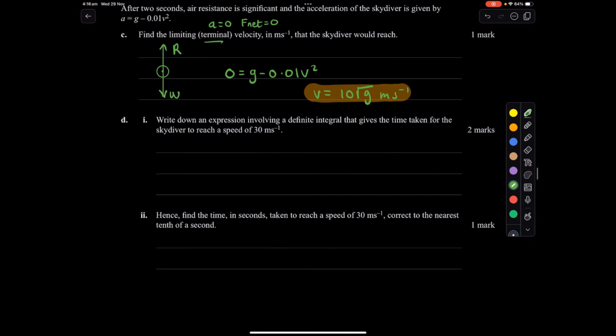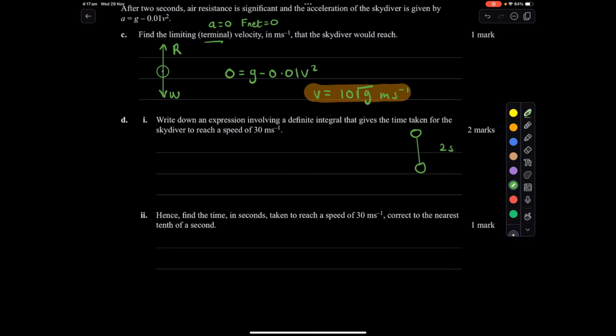Next question. Write down an expression involving a definite integral that gives the time taken for the skydiver to reach a speed of 30 meters per second. So imagine that in this case he falls down for 2 seconds.